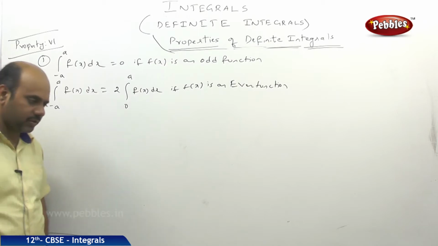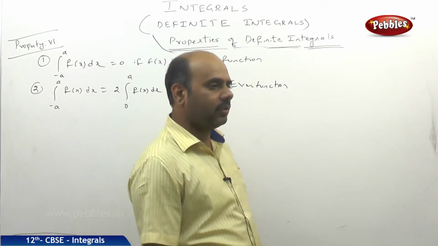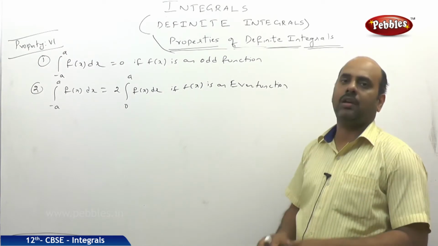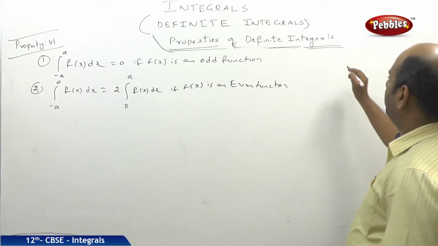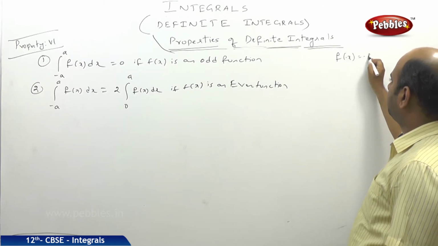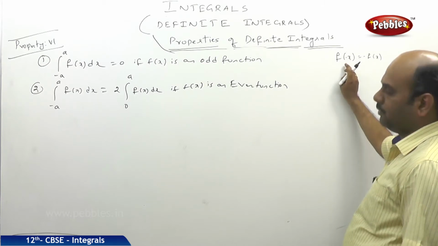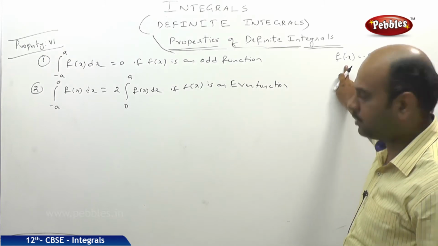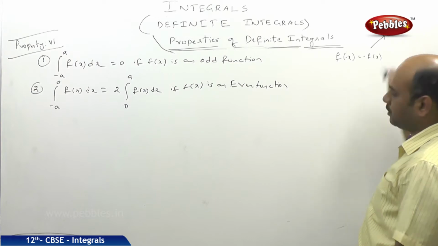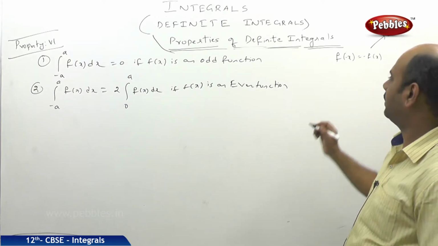Before proving this, I will once again revise what we mean by an even function and what we mean by an odd function. Whenever f of minus x is equal to minus f of x, this kind of function we call an odd function.